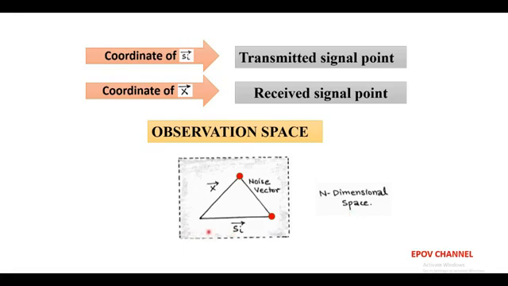Now, as shown in the figure, si vector represents the message signal vector and X vector represents the received signal vector. And the difference between the coordinates of X vector and si vector represents a noise vector W, that is in the n-dimensional observation space.